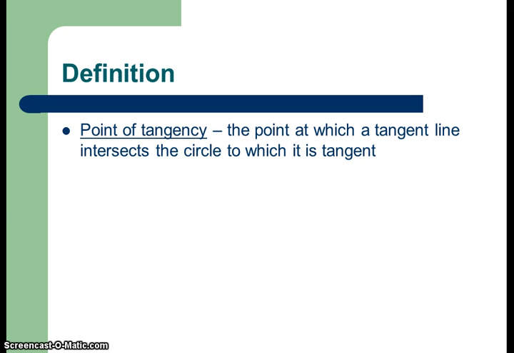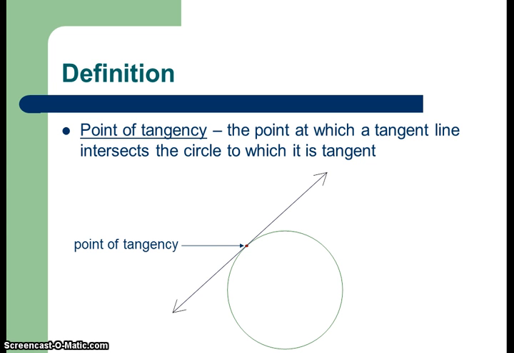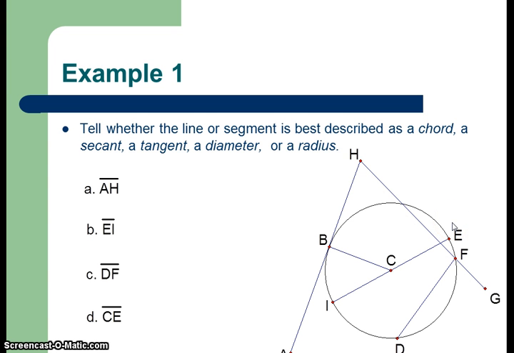The point of tangency is the point where the tangent line intersects with the circle. So this is the tangent line, and the point in which it touches the circle, that's called the point of tangency.